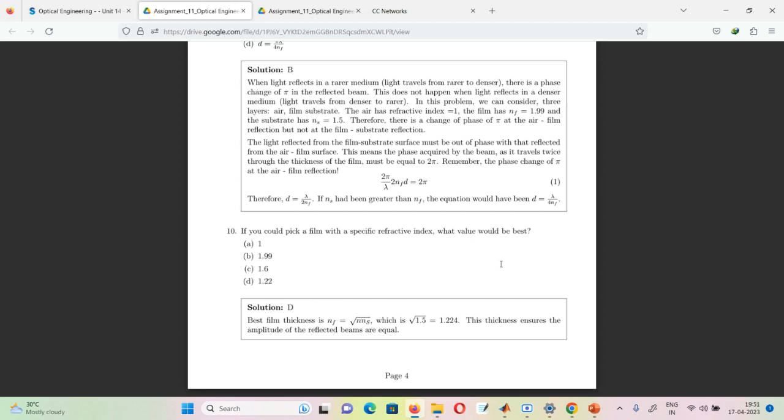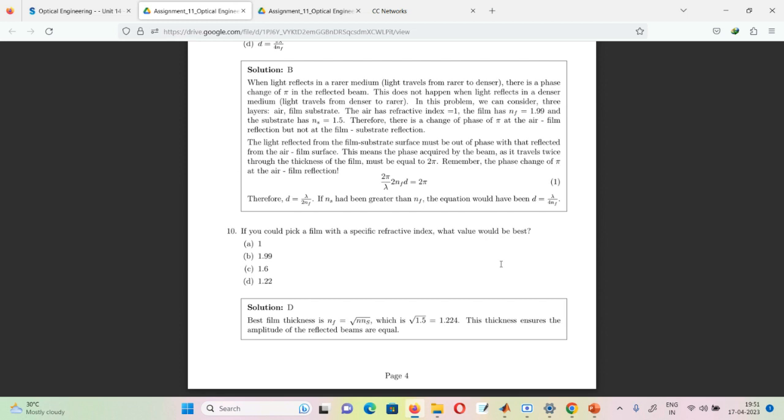But if they already decided, if they said that the thickness is specific, then you don't have any option. Then you have to find out how much path difference is coming, because the thickness is defined by them. It's not you deciding. So based on the path difference, you have to see which wavelength can be used as an anti-reflection, or which wavelength will be completely omitted from reflecting, or which wavelength will transmit more.